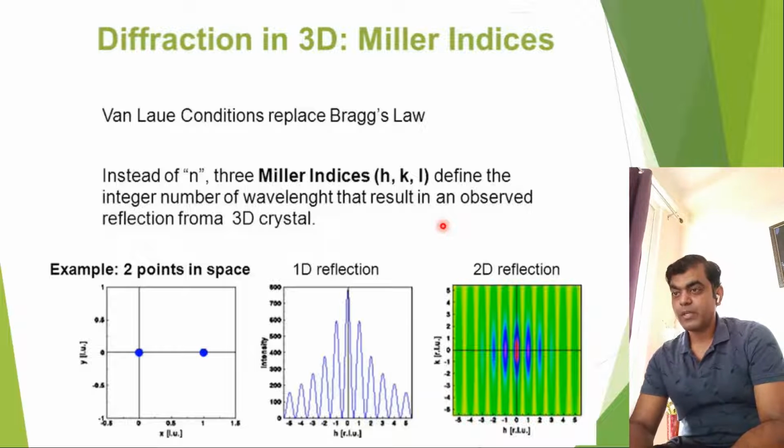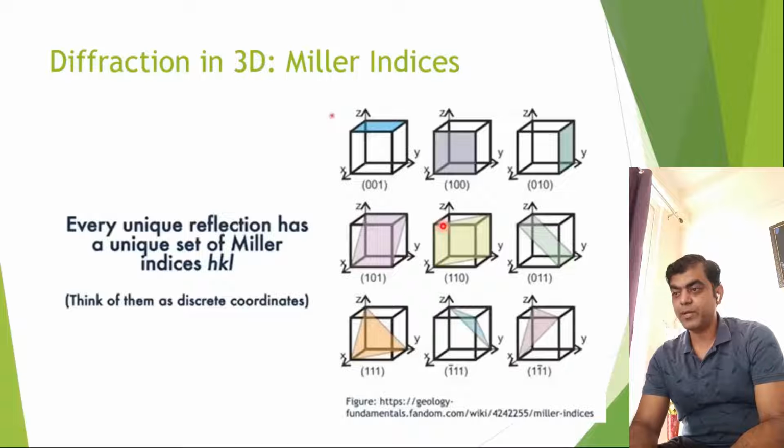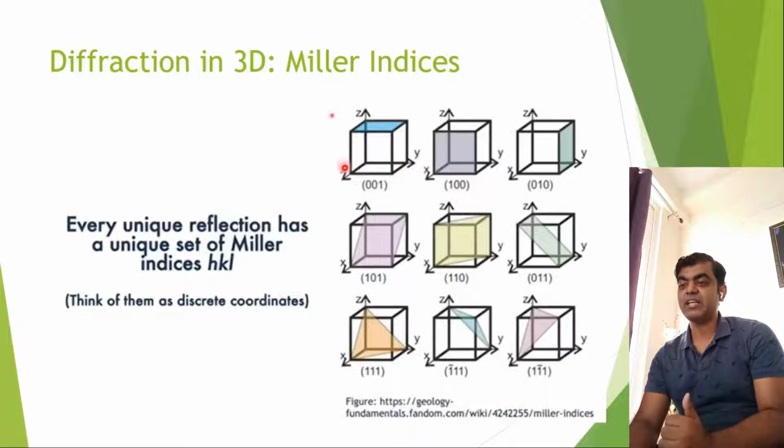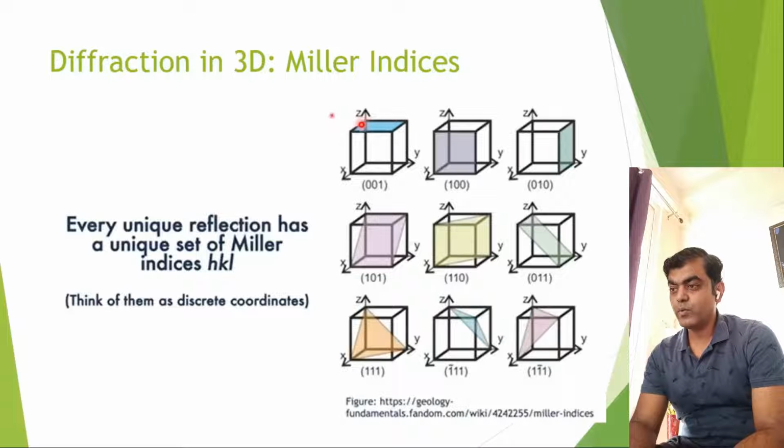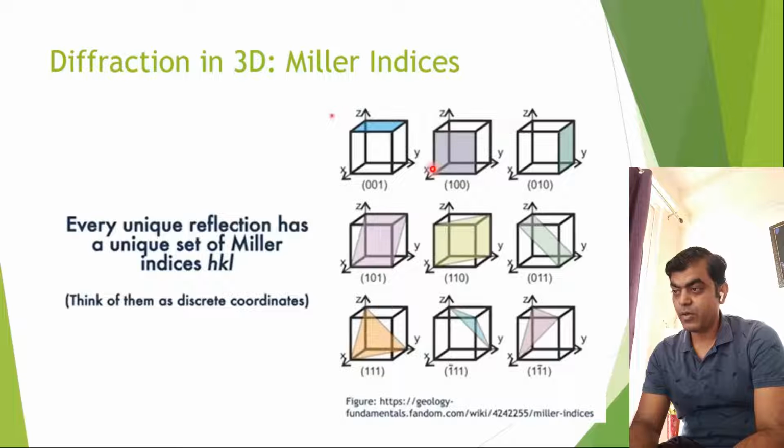Okay, so take for example a simple cube, and in this simple cube, if I take one unique reflection plane, it can be this plane, it can be this plane, or it can be this. But if you think of just the surface or just the outline of it, then you are missing out the internal informations or the volumetric informations.